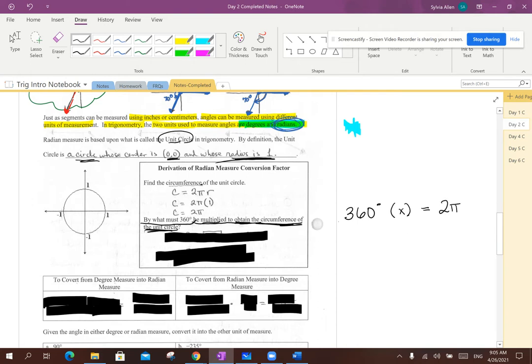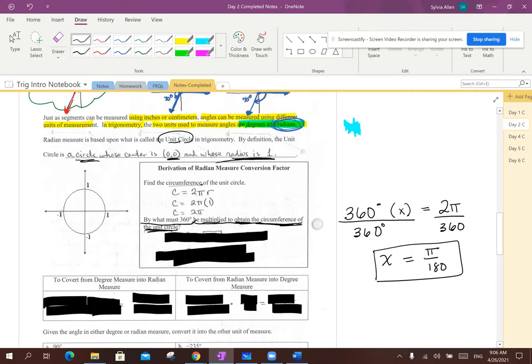So what we have to do is divide by 360 degrees. And so x is equal to pi over 180. So basically that's the same ratio.